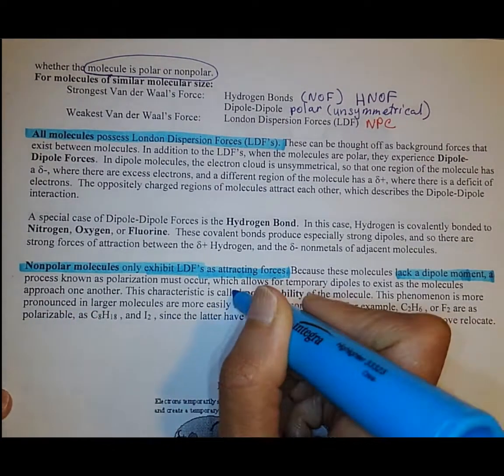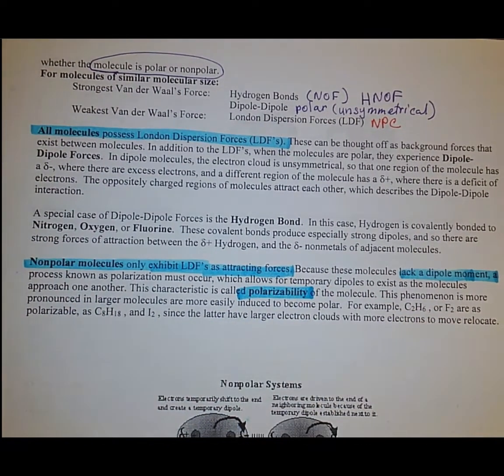So polarization is a temporary fix, allowing the dipole moment to occur. These molecules can at least get together, because when the electrons move from one side of the atom to the other, they're moving there because they're probably attracted to something else. This phenomenon is more pronounced in larger molecules, which are more easily induced to become polar. So polarization is happening all the time in the molecules that we have.